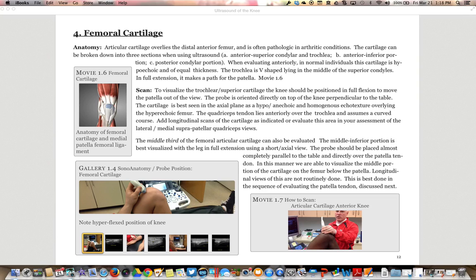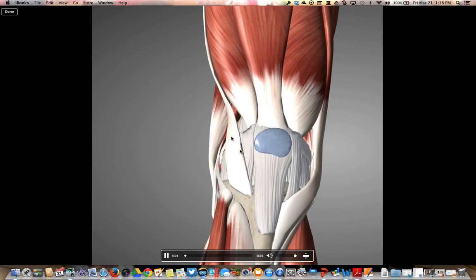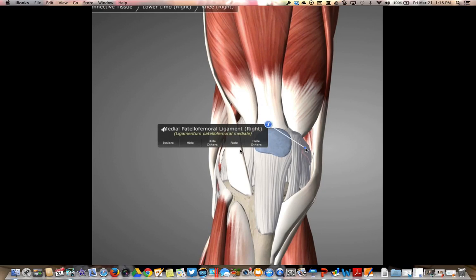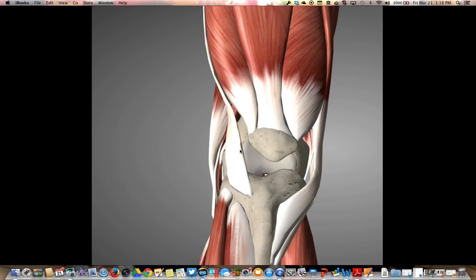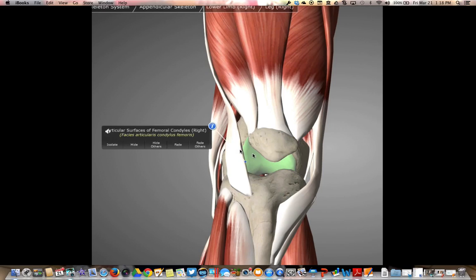Let's review this anatomy and talk about how we visualize these structures. The other anatomical structures we'll visualize with ultrasound will be the medial patellofemoral ligament located here. We will also want to visualize the femoral articular cartilage here, as we can see shadowed out by the patella.